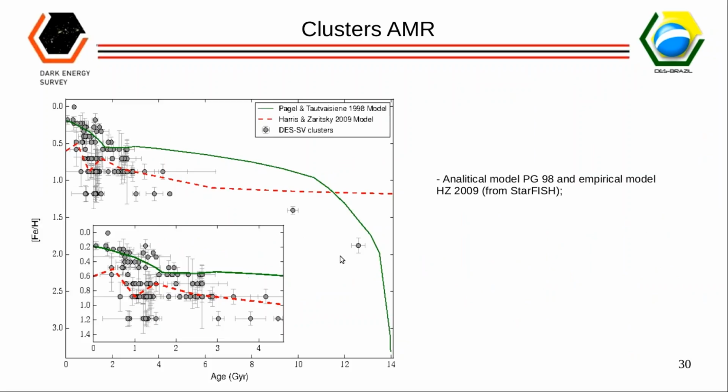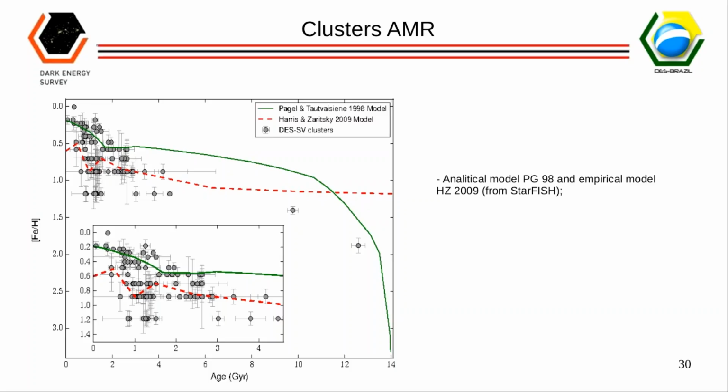Yeah. We have this cluster, and basically the age gap is the period between 12 or 10 gigayears and 4 gigayears. We have just one, the so-called emblematic cluster ESO 121 SC03.